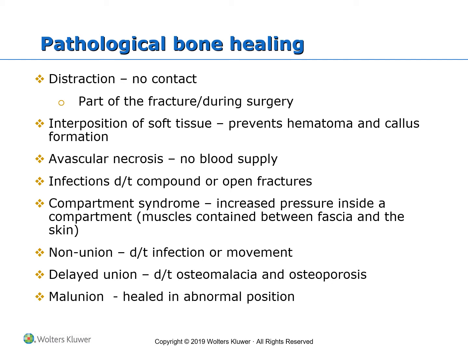Another complication of a fracture is what is called a compartment syndrome. Muscles around the bones are contained in very well-defined cavities that are called compartments. And what keeps the muscles together is that very dense fibrotic connective tissue that is called the fascia.